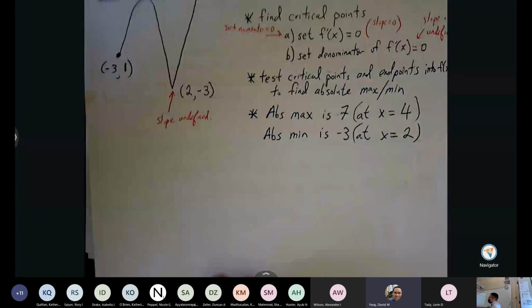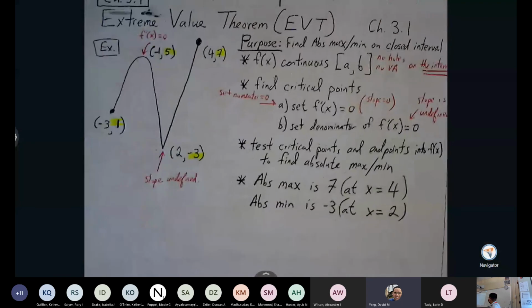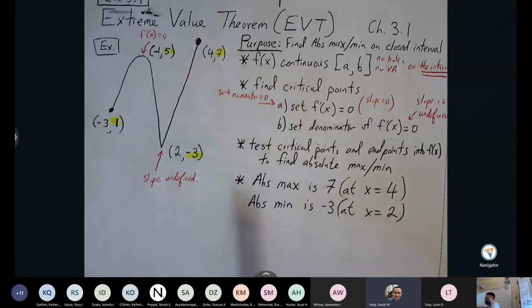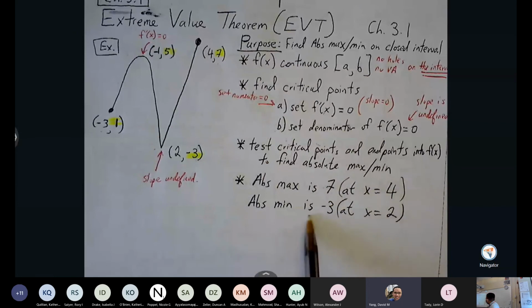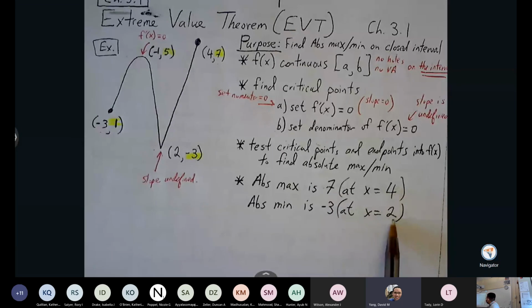Then we just compare those y values. The highest y value is going to be your absolute max. The lowest y value is going to be your absolute min. So here we can tell the absolute max is 7. Absolute min is -3. We're going to practice writing it out this way so we can emphasize the fact that the y value is more important than the x. The y value is more important than the x.